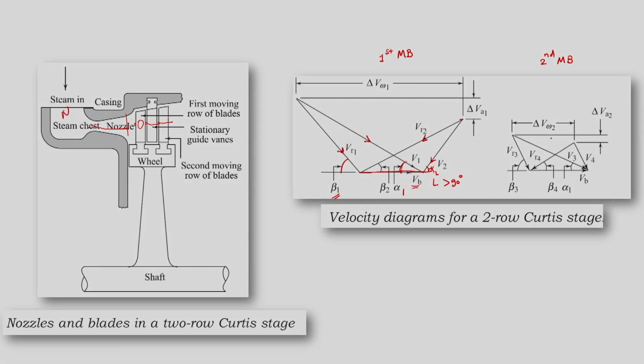Now for the second stage of moving blades, this same V2 will be here as V3. If there is frictional loss while the flow takes place over the stationary blades or guide vanes, then V3 will be less than V2, and we can again say that V3 upon V2 is equal to Kb, which is a friction factor.